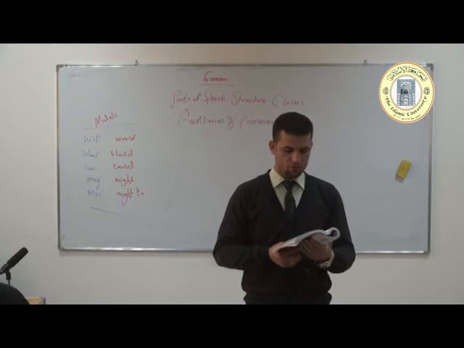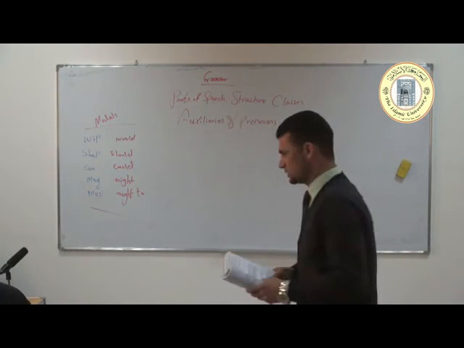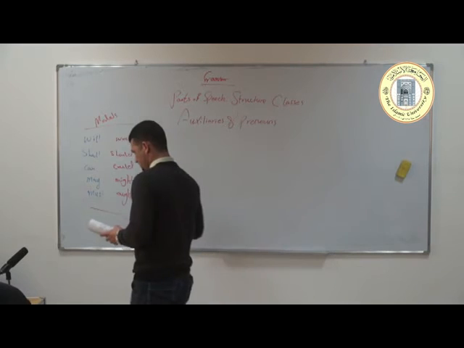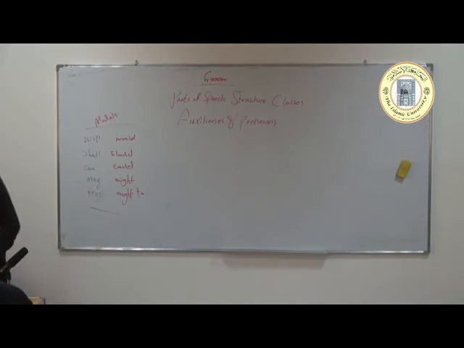Like volition, possibility, probability, permission, and necessity. They are called verb markers. What does that mean?